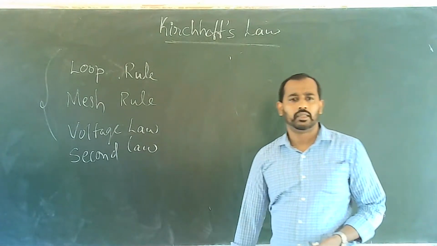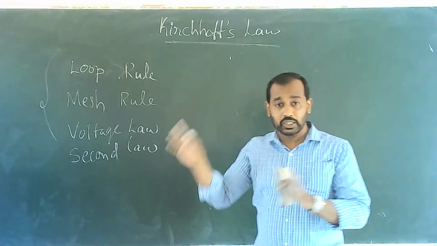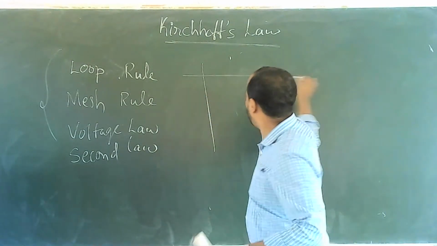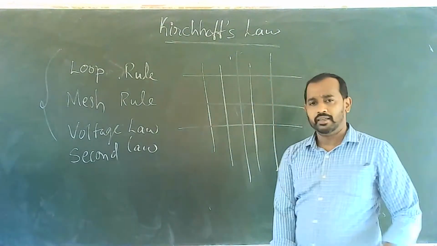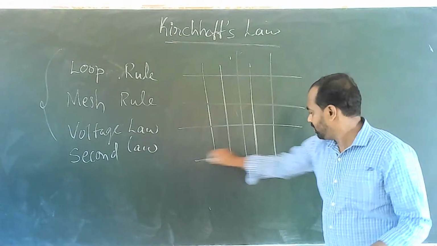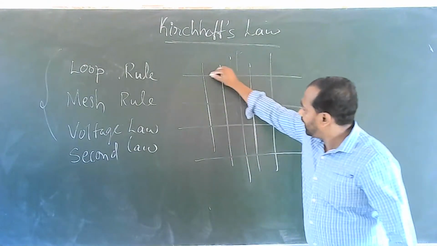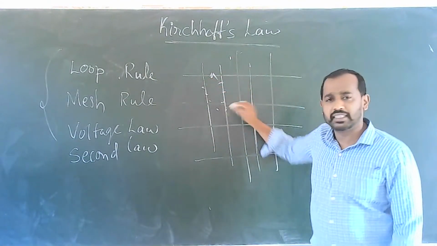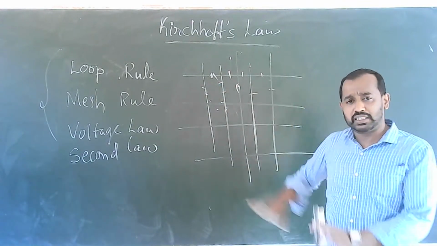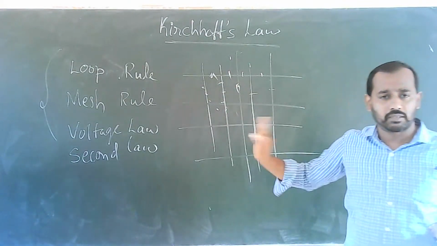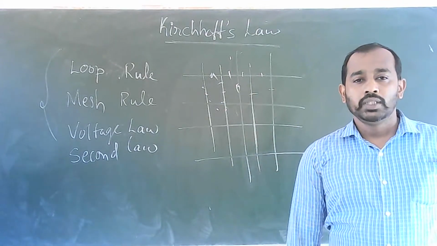I will draw a simple loop. I will draw a network. There will be some network like this, somewhat like this. There are resistors and cells connected like this. There will be different resistors here. In every branch, there will be resistors and cells connected in a complex manner.